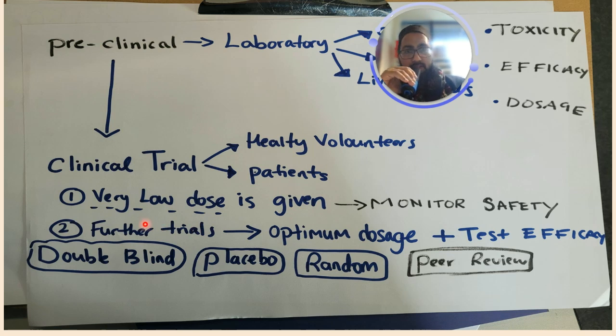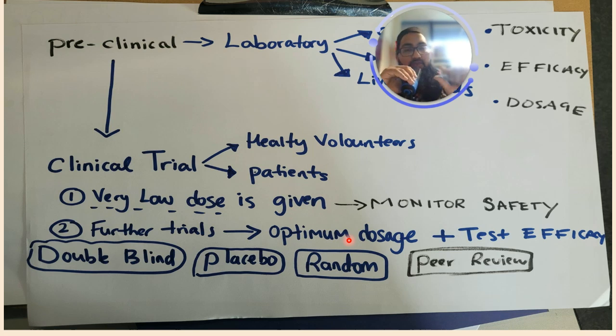Why are we doing further trials? We are testing this medication on more people to find the optimum dosage. Now, what is that? Optimum dosage is the amount of drug that needs to be given that is the most effective.